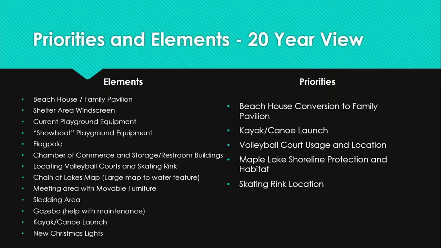The canoe and kayak launch would be a nice idea, and it's affordable, so that's something I think we'll probably want to talk about early on. The volleyball court and skating rink locations are important to talk through because it affects what other things might be able to fit in the park.